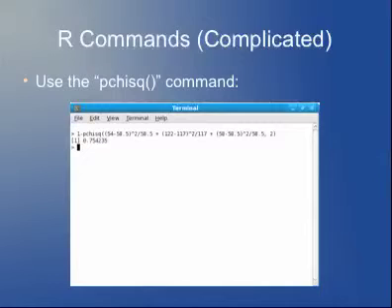As before, there are a number of ways that you can do this test in R. The most complicated way, which in practice you probably won't need to do very often, if ever, is to actually calculate the test statistic by hand and use the function pchisq.